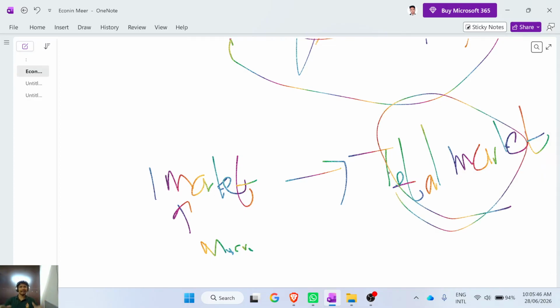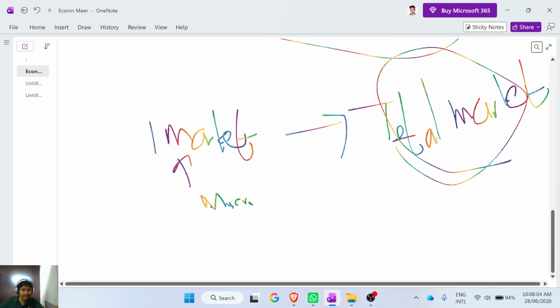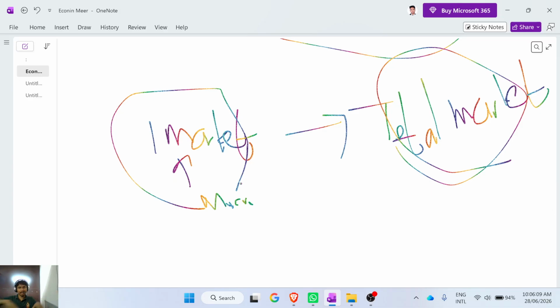That is simple. If we look at one market, that is micro. If we consider the total market of our Sri Lanka, of a country, or of our world, the earth, that is macro.